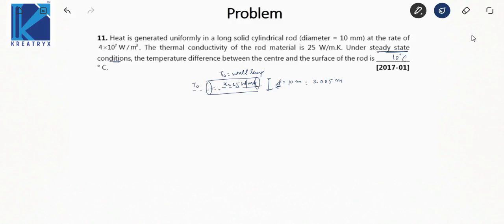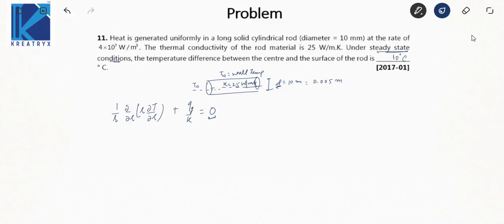We know the basic equation, the steady state one-dimensional conduction equation through the cylinder, is 1 by R del by del R of R delta T by del R plus Qg by K is equal to 0 when I am taking steady state conditions.